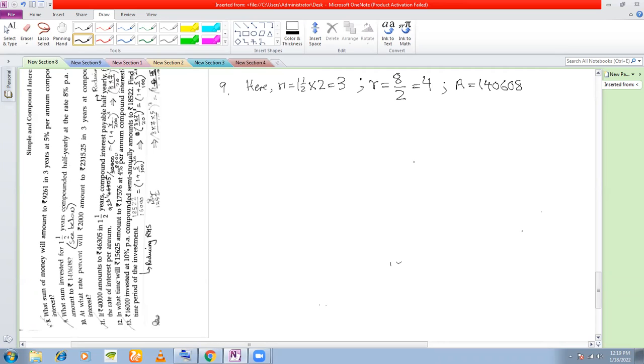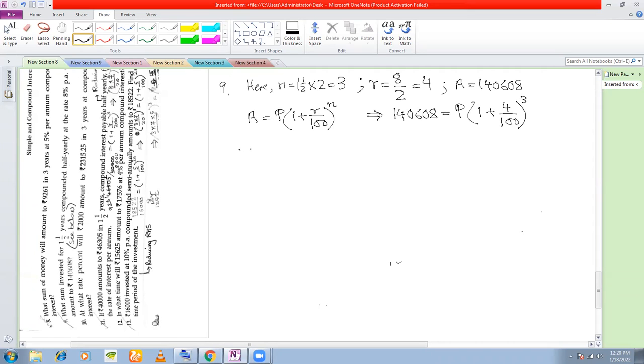So how do we calculate the principal in this case? Write the formula first. Amount is equal to principal into 1 plus rate by 100 to the power of n. Now put the values. How much is the amount? 1,40,608 is equal to principal. We don't know, so let's write P, into 1 plus rate, which is 4, divided by 100, to the power of the time of investment, which is 3.